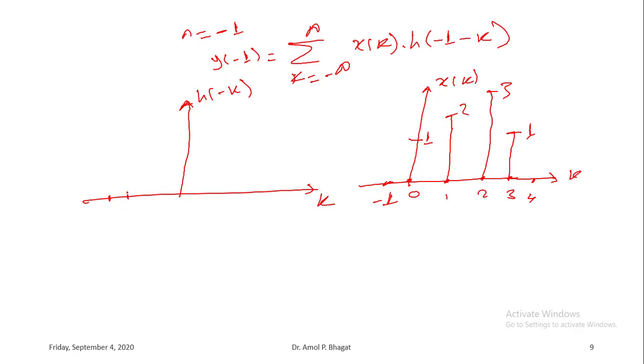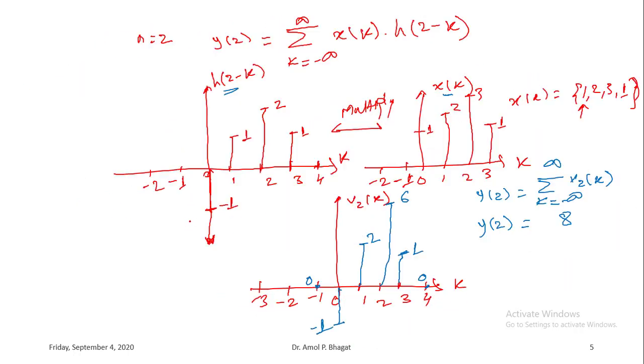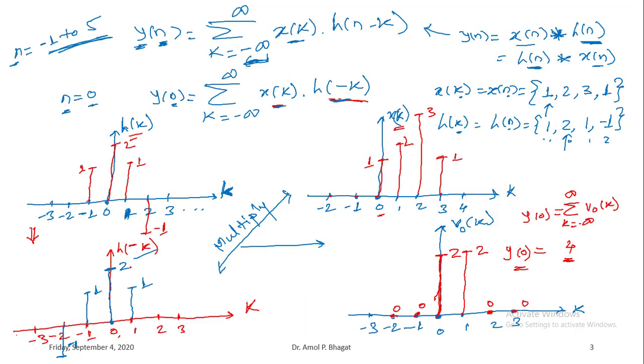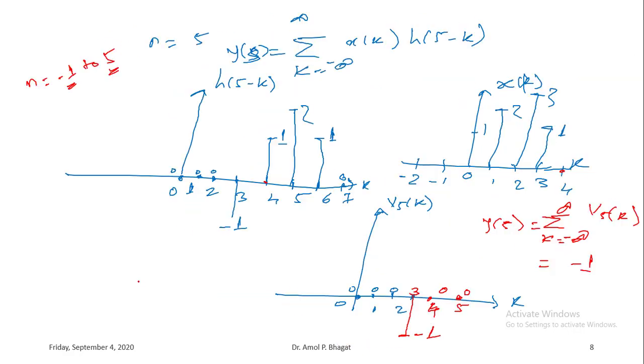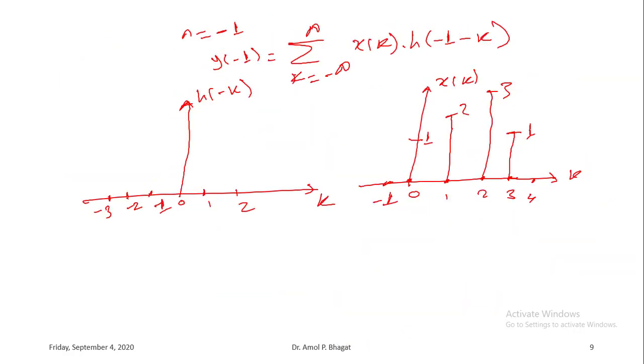So it is starting from -3, then -2 -1 0 1 2, right? So if you observe here h of minus k, so values are -1 1 2 1. So this was your h of minus k, but we need now h of -1 minus k.